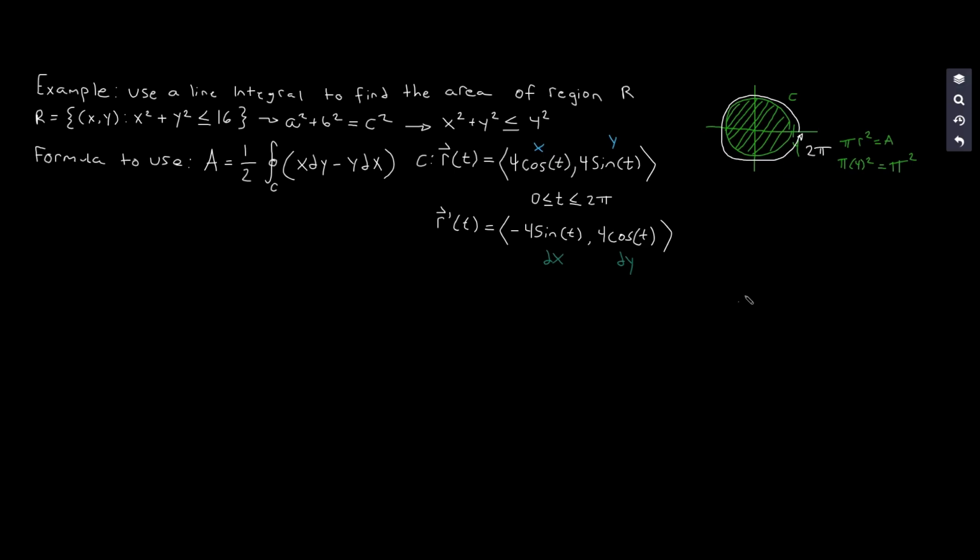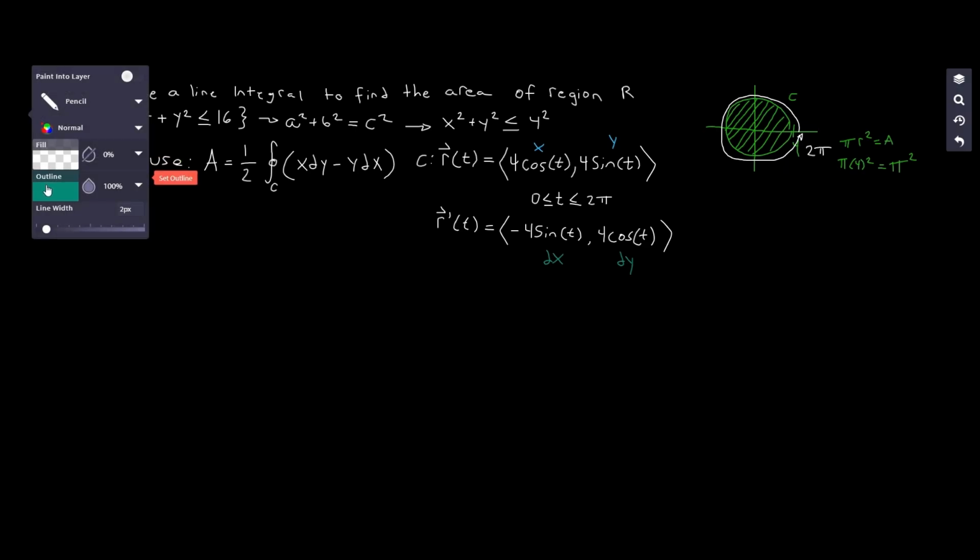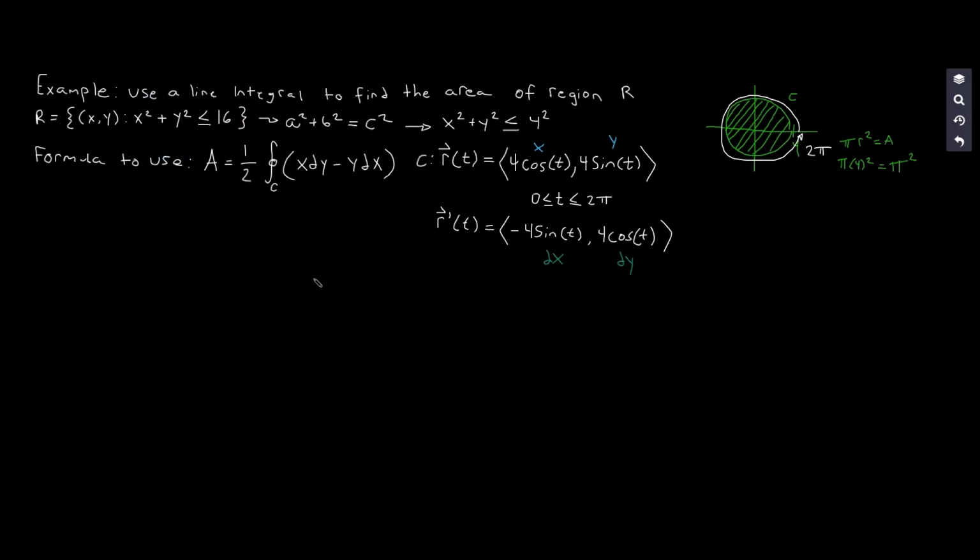So yeah, we could set this up. The area equals 1/2 times the definite integral from 0 to 2 pi. This is going to be our x coordinate. So we're going to follow the formula, right? We want x.